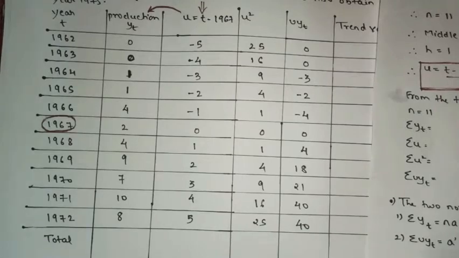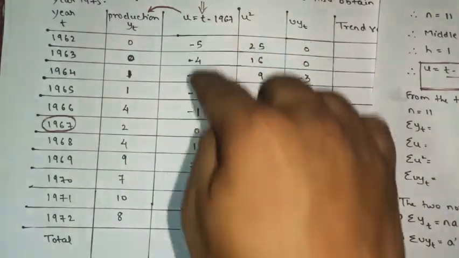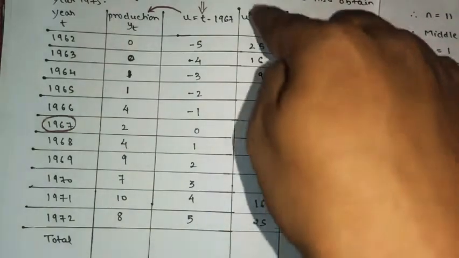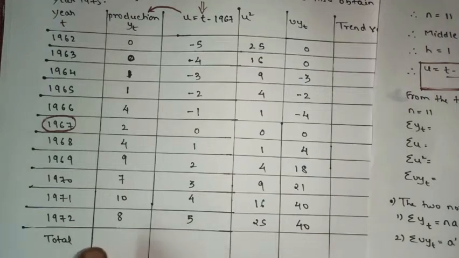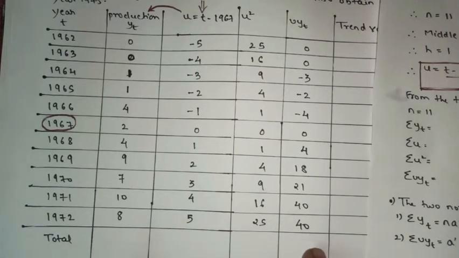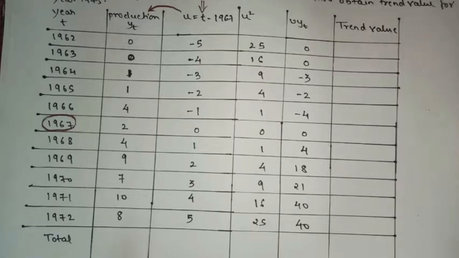After that, total of yt, total of u, total of u square, total of u yt. That means we have to find the total of the second, third, fourth, and fifth column. Yes or no?